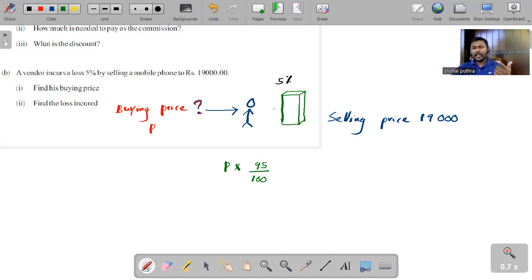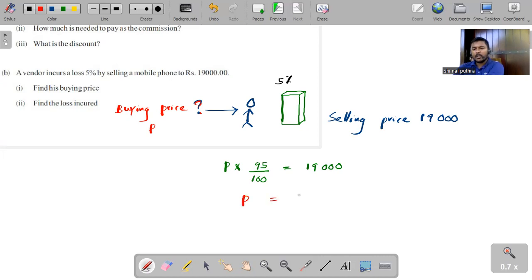That means I got 95%. If I lost 5%, I got 95% of the buying price. That is equal to 19,000. That's what I'm going to find. So I'm going to find P.